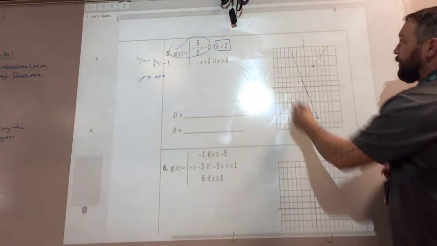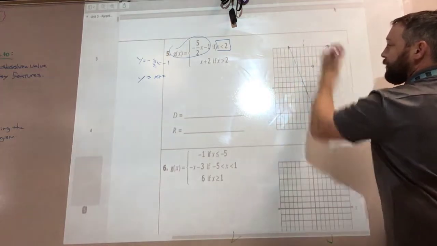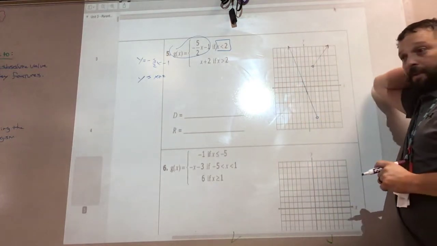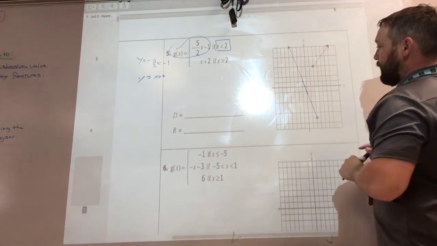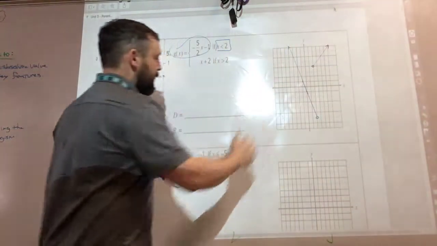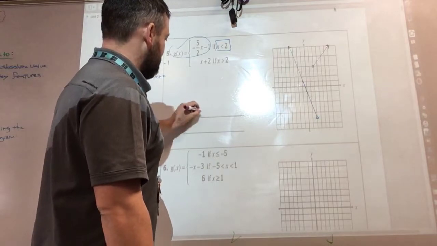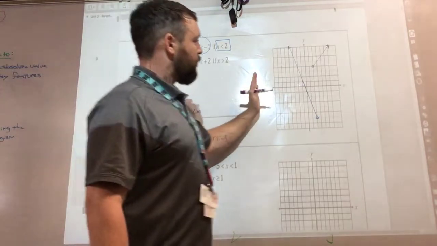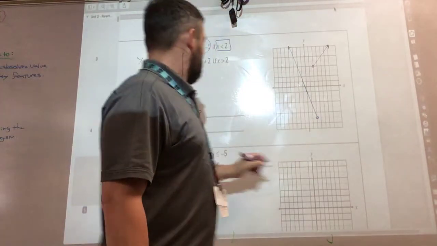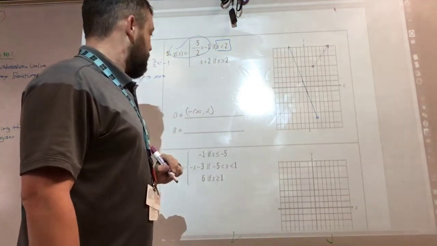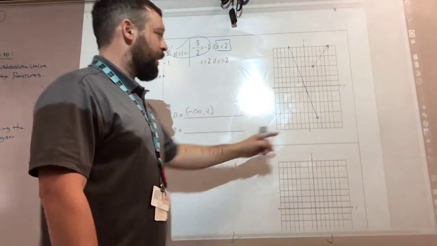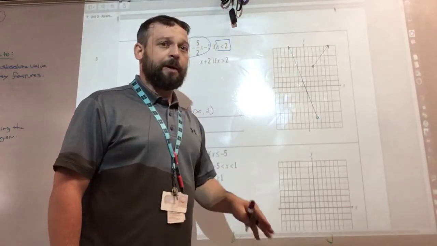So I'm looking at this, and I want to figure out my domain. My domain of this thing is going to be from negative infinity all the way up to 2. I'm going to put a parenthesis there because I'm not including 2 as part of my domain.